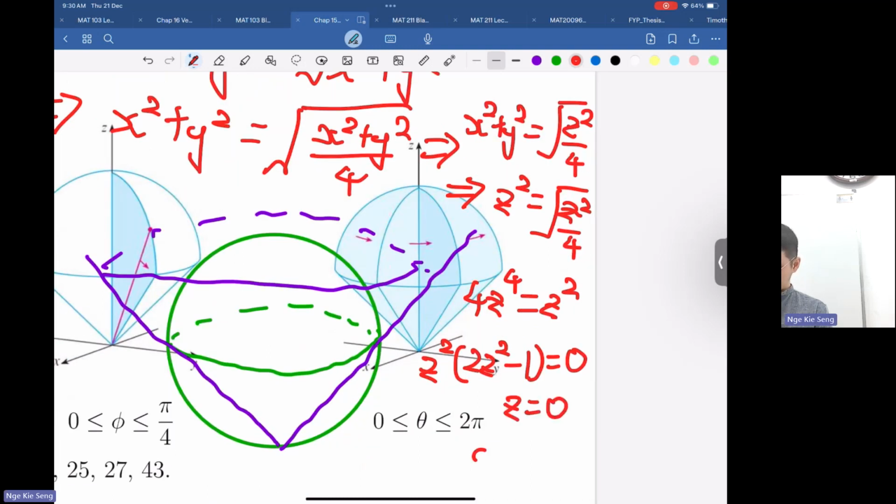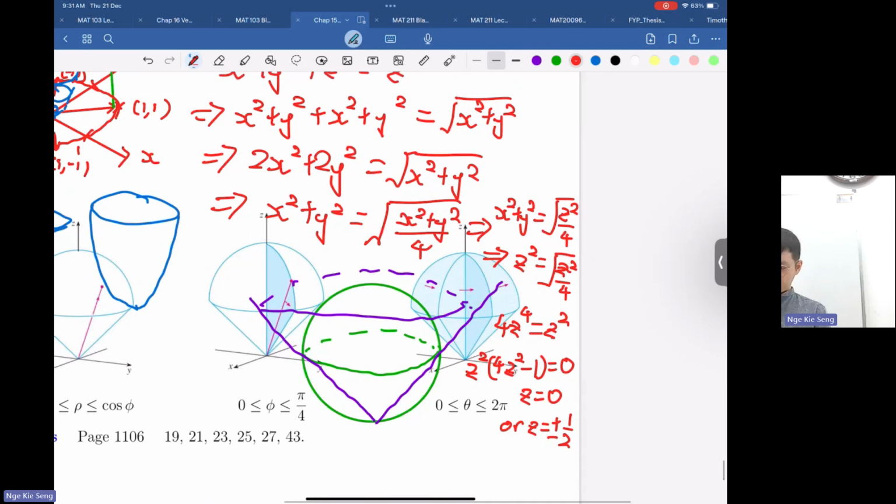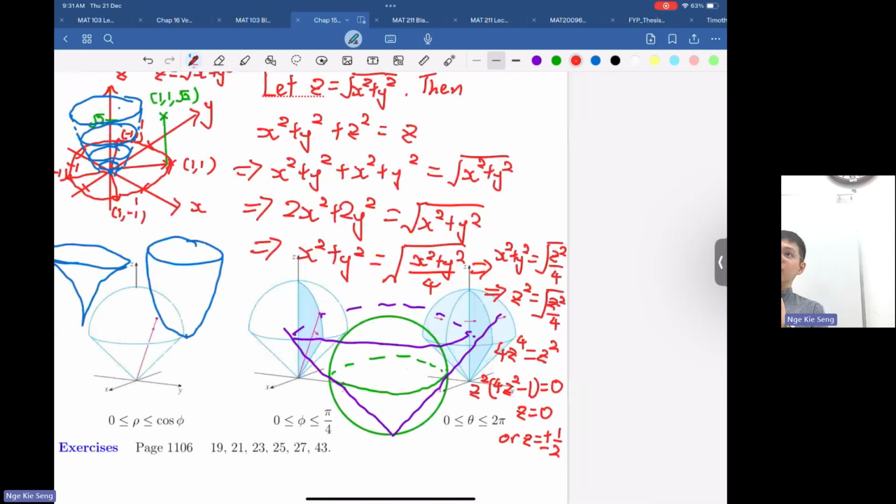So z equals 0 or z equals plus or minus 1 over square root 2, all that squared. Oh right, sorry. So plus or minus 1 over 2. But z is a square root of some number, so it must be positive, either 0 or 1 over 2. So they intersect at two places.